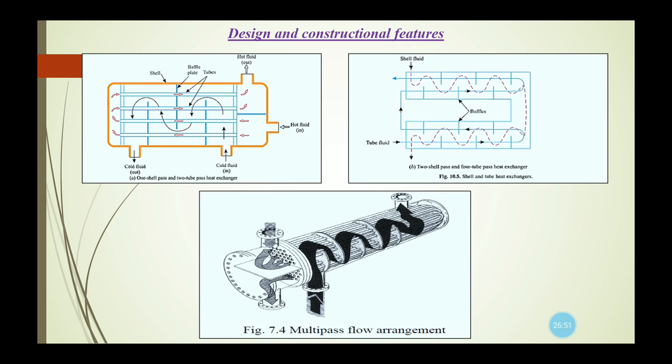So these compact heat exchangers have very large transfer surface area per unit volume. Examples of such kind of heat exchanger are plate fin or flattened fin tube heat exchangers, etc.